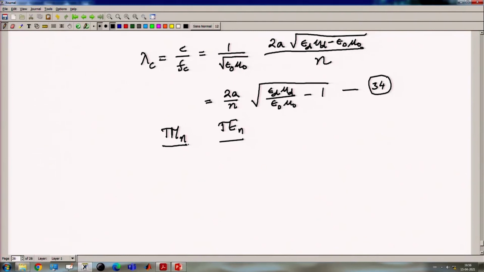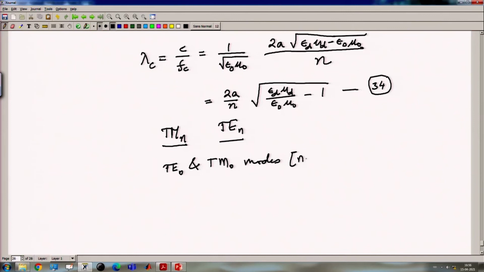So, these are the modes in the dielectric slab, also called the dielectric slab modes. Okay. So, we should also note the cutoff frequency corresponding to the TE 0 and the TM 0 modes.